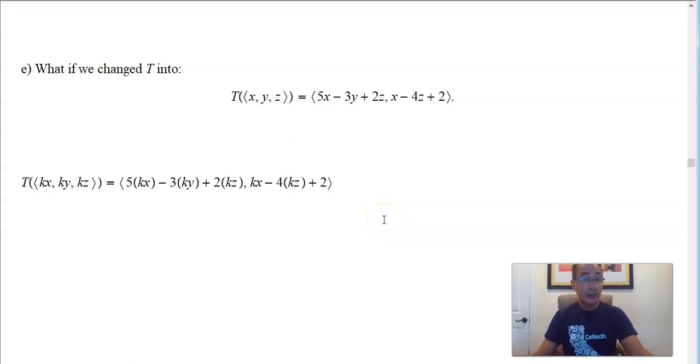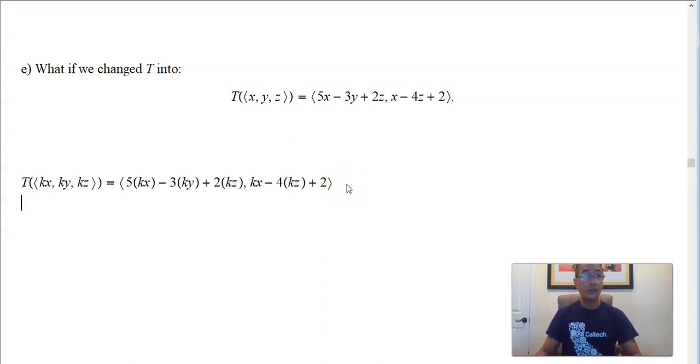That plus 2 does not have a variable attached to it. Okay, if it had been 2y, then that y would have been replaced by k times y. But it's not. It's just plus 2. So there is no extra k.